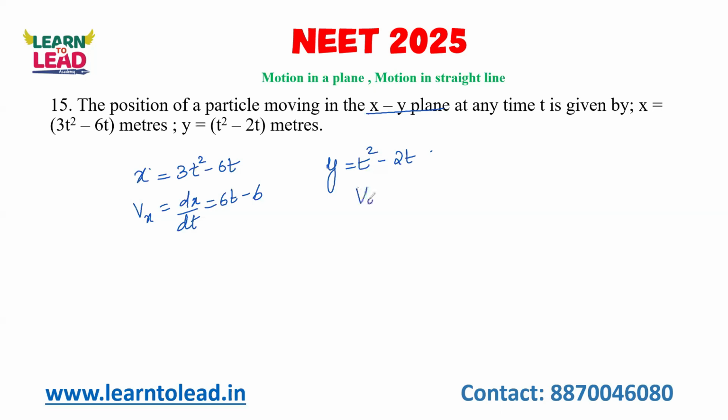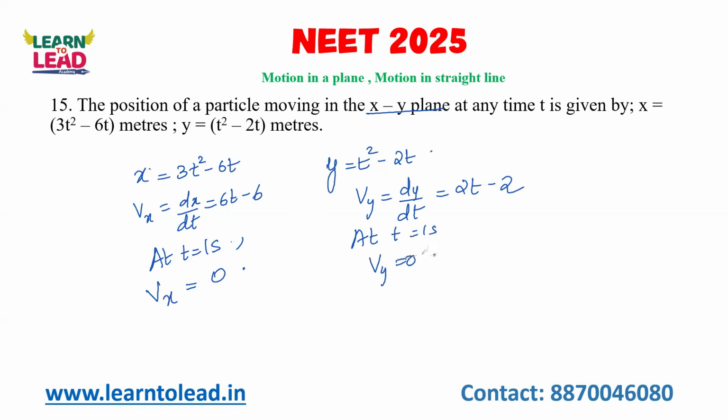Here, dy by dt, 2t minus 2. At t is equal to 1 second, what happens? Vx is equal to 0. And similarly, at t is equal to 1 second, Vy is equal to 0. So you can conclude that velocity becomes 0 at t is equal to 1 second. This question has options given.